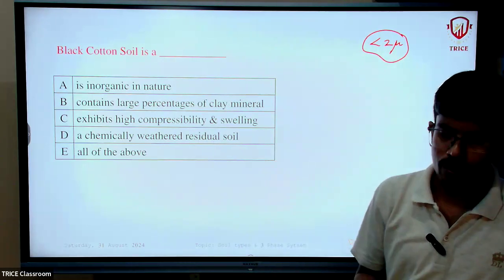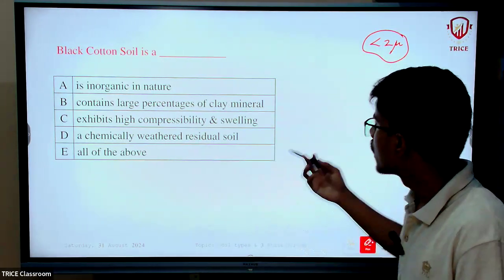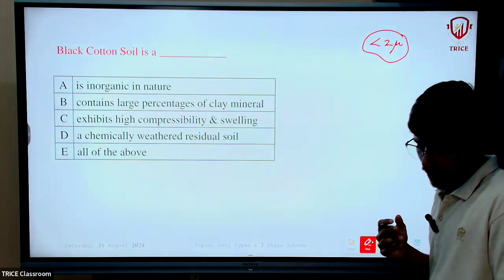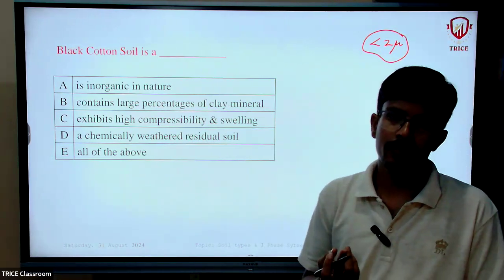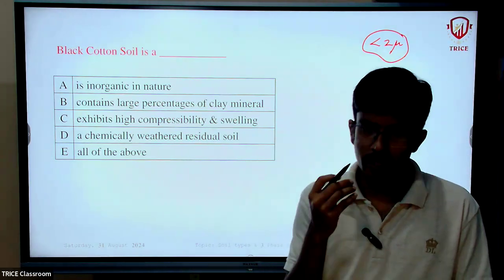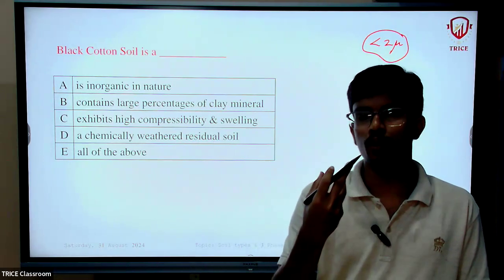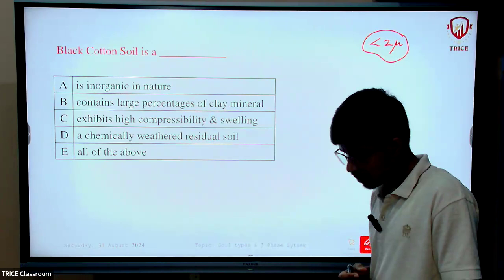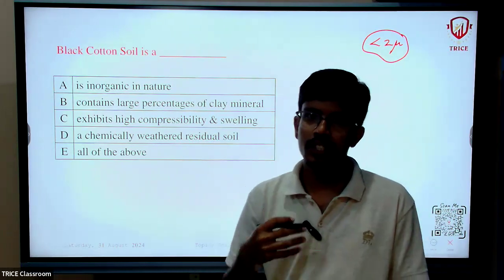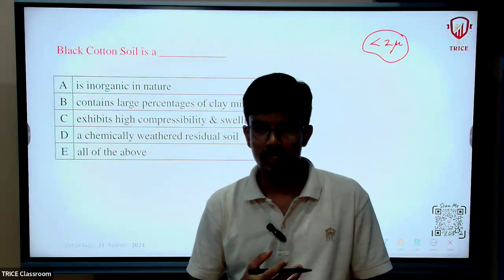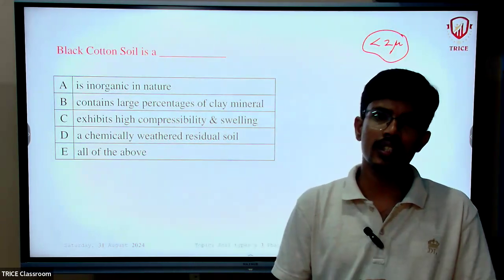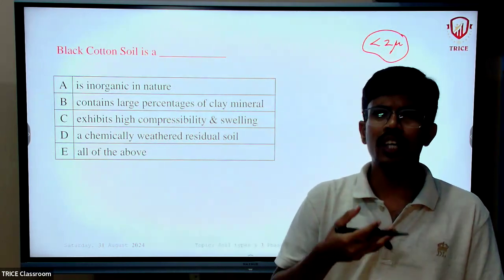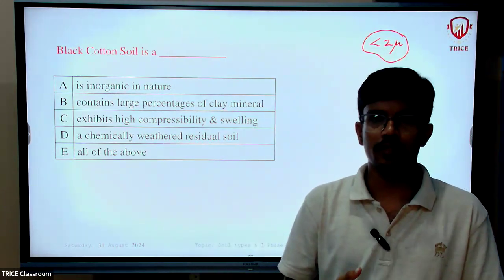Okay, black cotton soil has a grain size of less than 2 micron. It is completely inorganic soil. There is no carbon in it. If you burn it, no smoke is produced, which we call inorganic soils. It contains a large amount of clay minerals. Due to the presence of clay minerals, you always expect swelling and shrinkage properties in this soil, right?